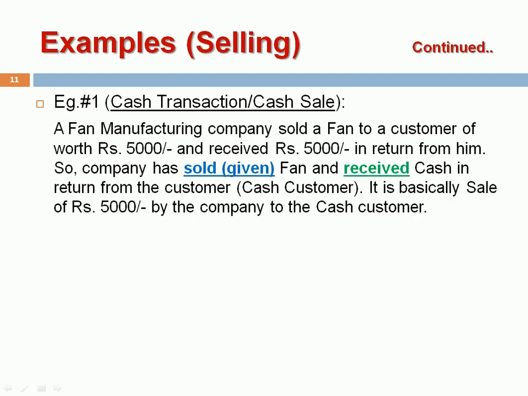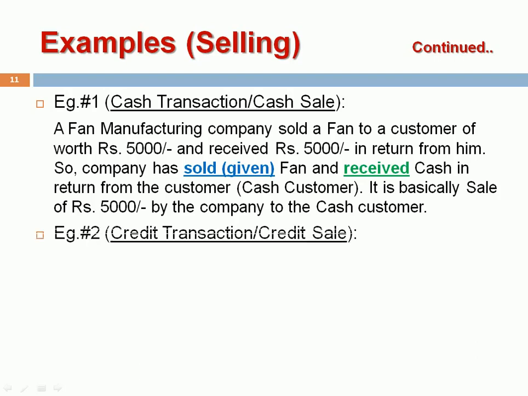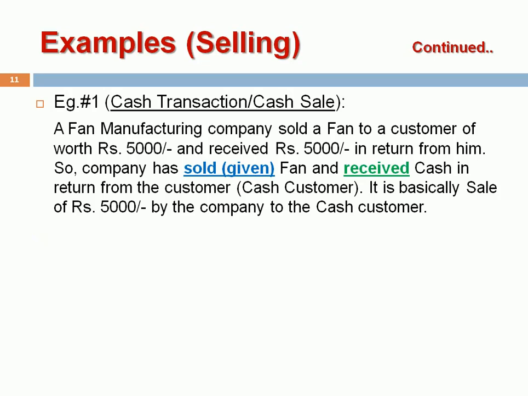So now we would further look at these concepts with the help of examples. In examples of selling, look at the first example. It is cash transaction or cash sale example. A fan manufacturing company sold a fan to a customer of worth rupees 5,000 and received rupees 5,000 in return from him.